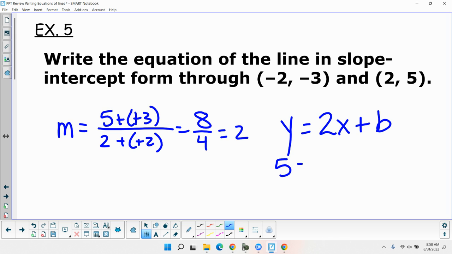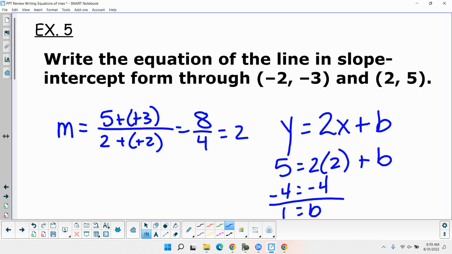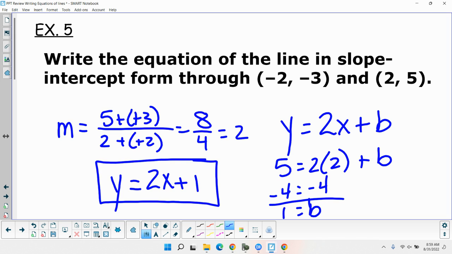So y is 5, x is 2. What's 2 times 2? 4. What do I do with the 4? Subtract it over. So my answer then is y equals 2x plus 1. Now I substitute 1 in for the b. So that's the equation of the line that goes through those 2 points.